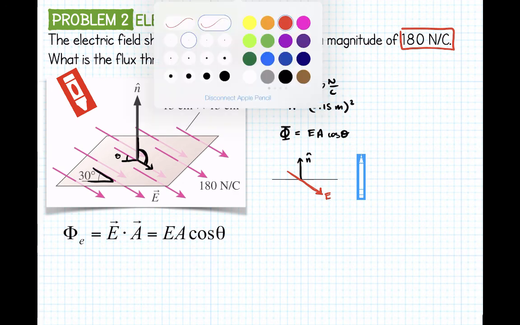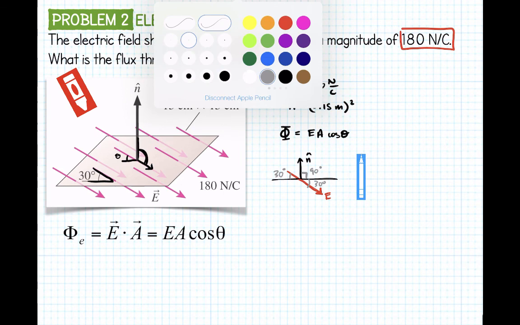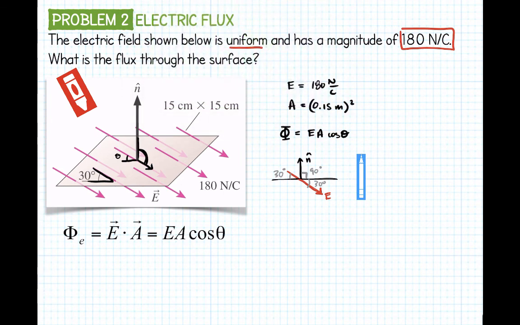And so it's going through the surface, and we're given this angle as 30 degrees, meaning that this angle is also 30 degrees because geometry, and then you have this angle, which should be 90. Okay, so the total angle that we're looking for is 90 plus 30, which is 120 degrees. So our theta should be 120 degrees.